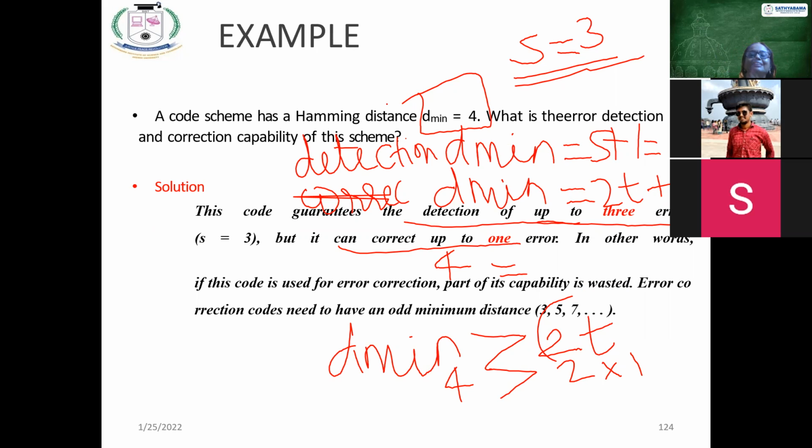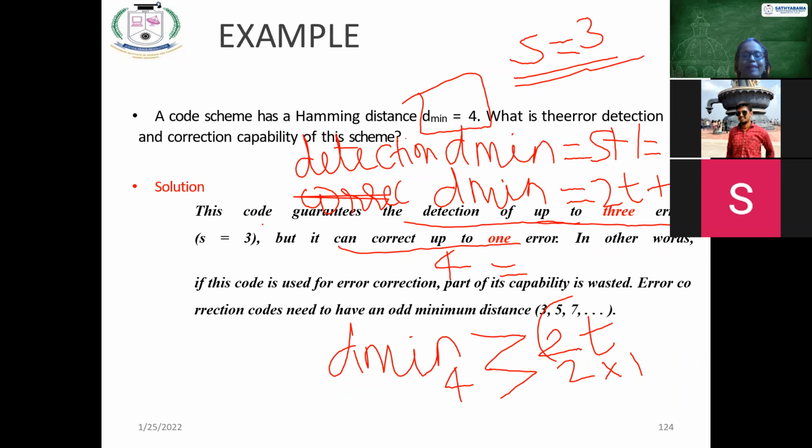So error detection is S plus 1, and for error correction D minimum should be greater than 2t. It can correct up to 1 error. That is the capability of this Hamming distance. From the Hamming distance we can find how many bits it can detect and how many bits it can correct.